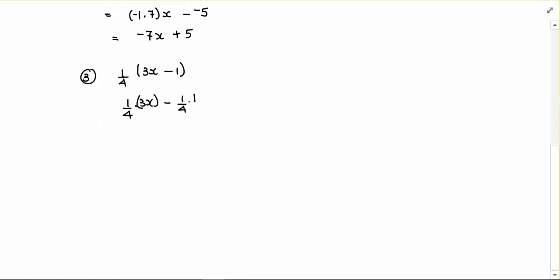And of course that's the identity over here on the right, so that's just simply 1/4. Minus, and again here we can use the associative idea, so we can say that's 1/4 times 3x.